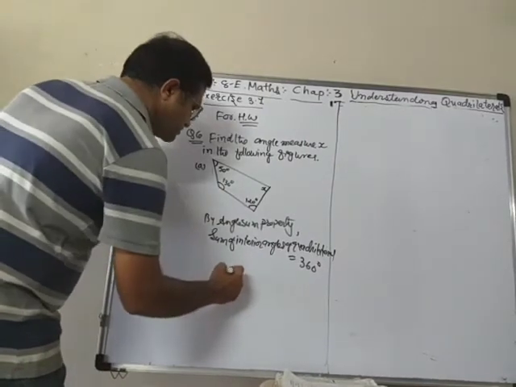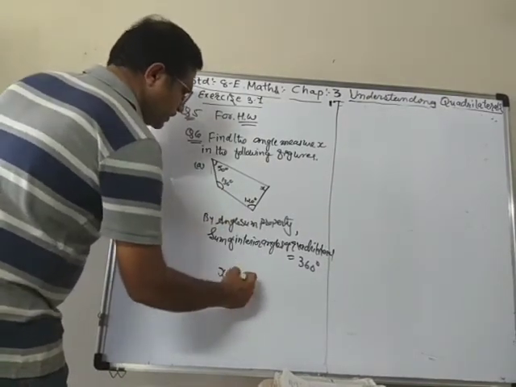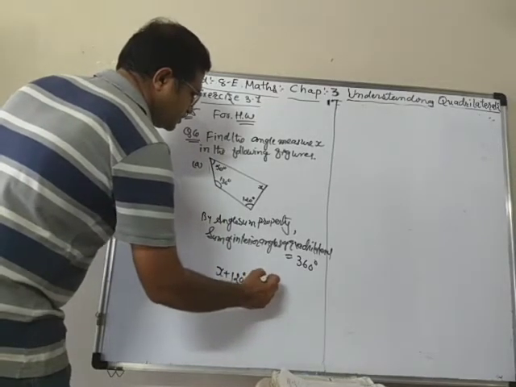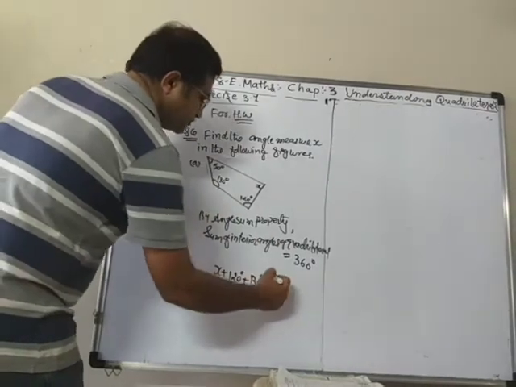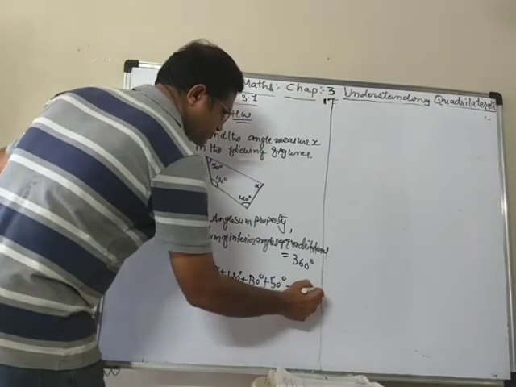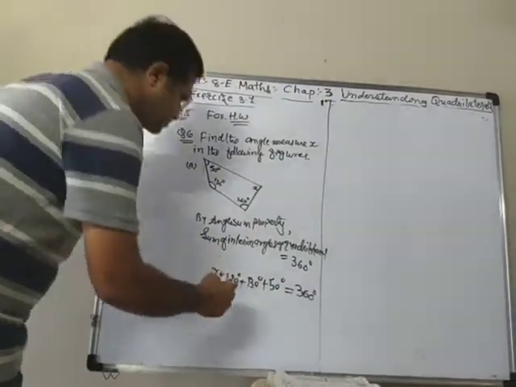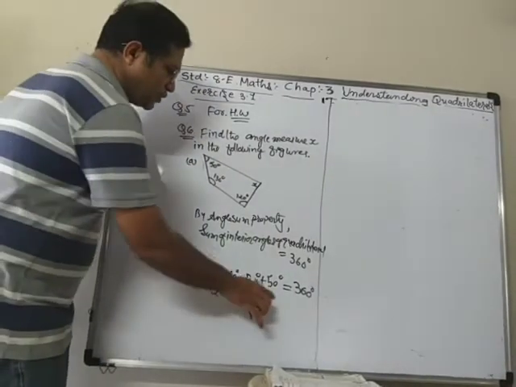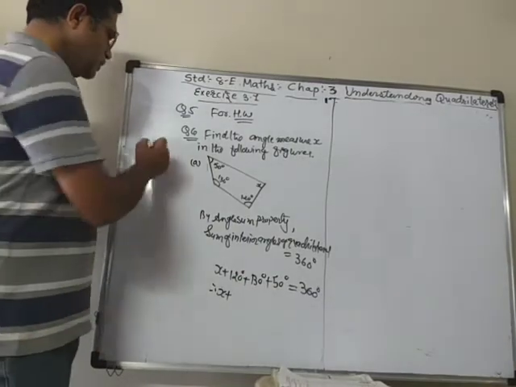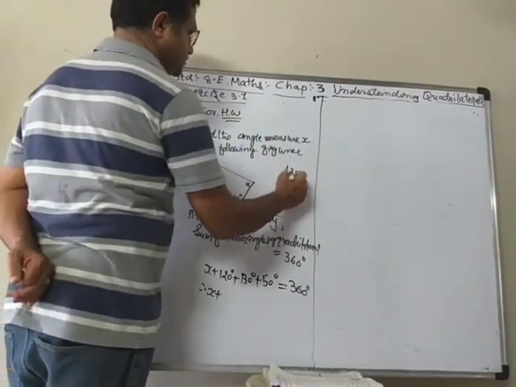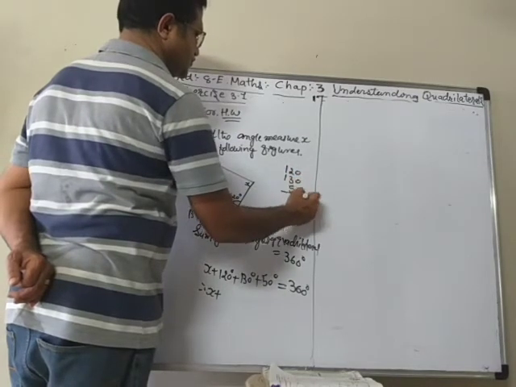It means that x plus 120 degree plus 130 degree plus 50 degree, if you add all those four angles, it will make 360 degree. So x plus, now we will add all this, 120 plus 130 plus 50.